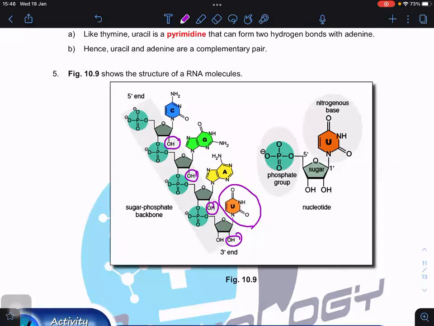Are you clear? Another thing you can say is single-stranded. DNA must be double-stranded, but sometimes we can also denature our DNA and take out 1 strand. So that one is not conclusive enough. But if you look at uracil and also the OH group at carbon number 2, definitely RNA.